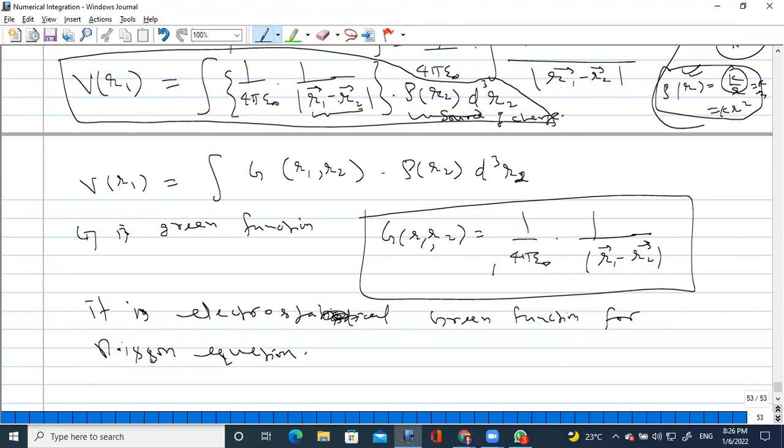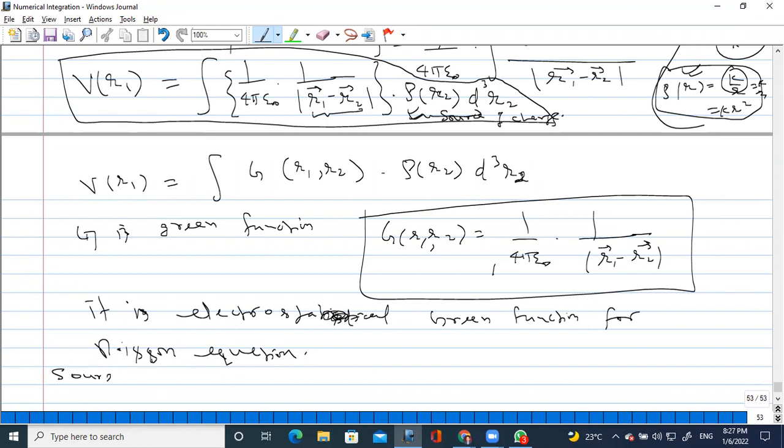R1 and R2 both can be changed, still I'm saying that this is constant. Actually, I mean to say that this Green function will remain the same if your rho is changing. That I wanted to tell you here. So that's why it is of constant nature.